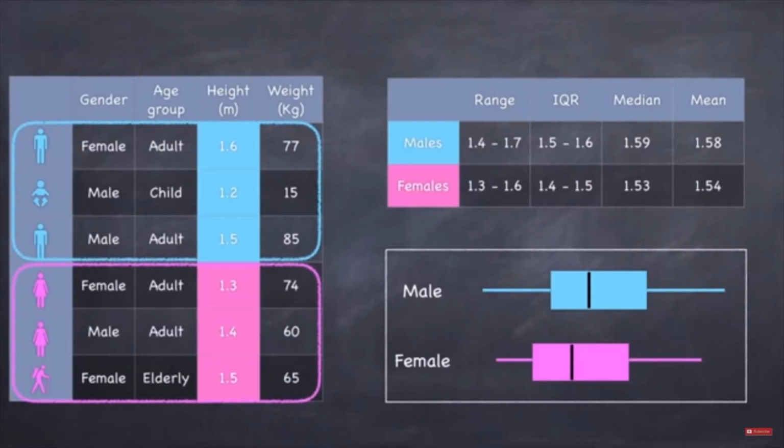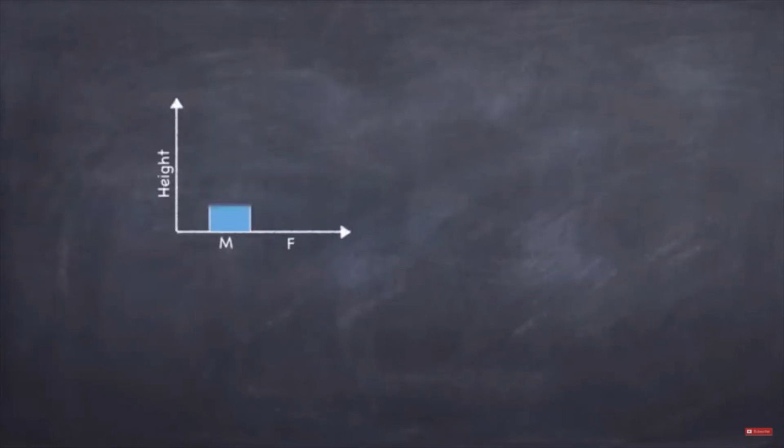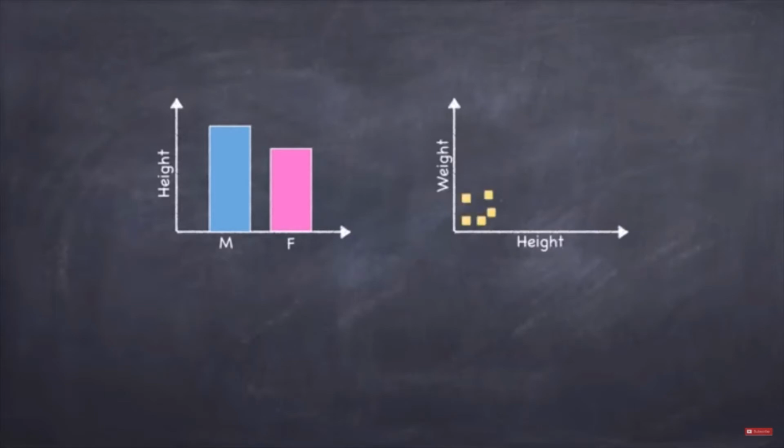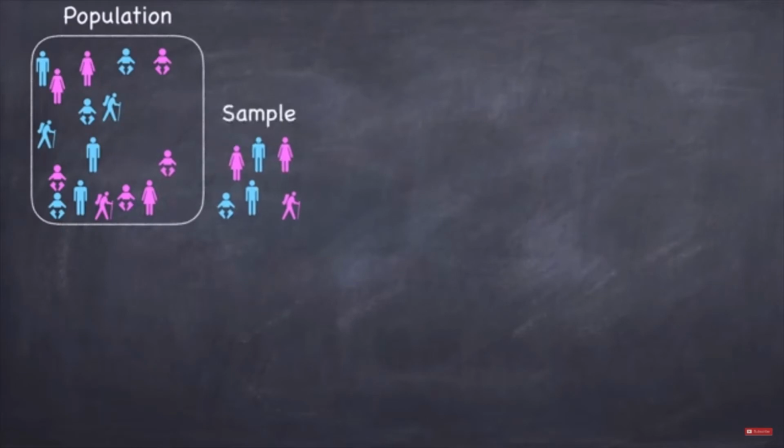Now, as you can imagine, there are other possible combinations of variables that we could look at. We've looked at height and weight, which are both numeric variables. In this case, we could look at gender, male and female, and height to look at differences, and we could also look at relationships.